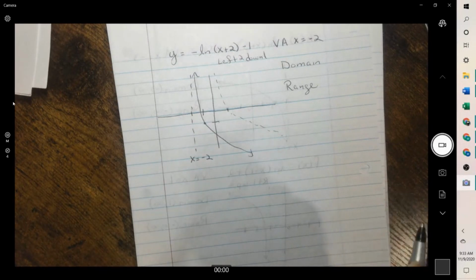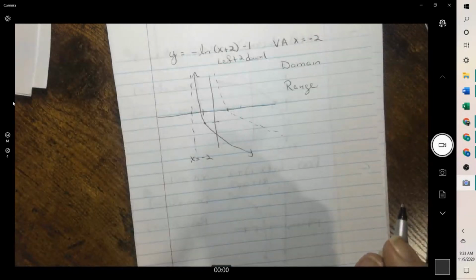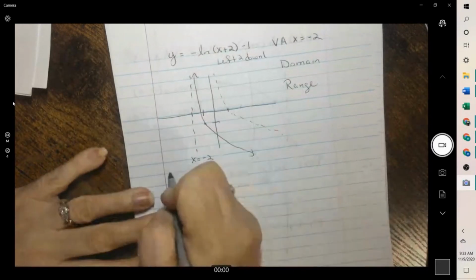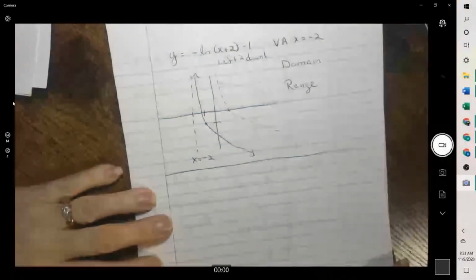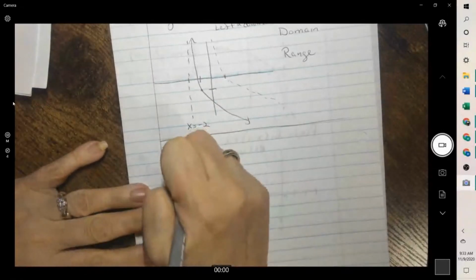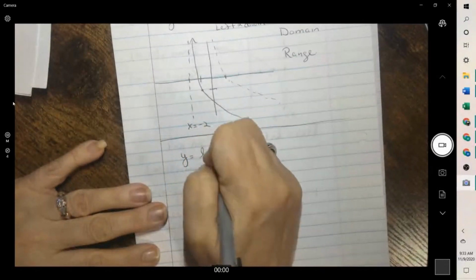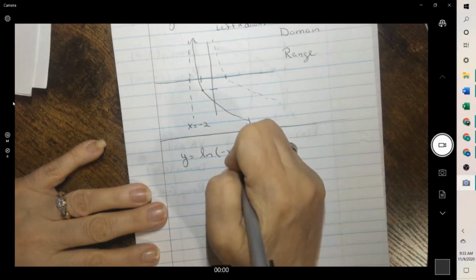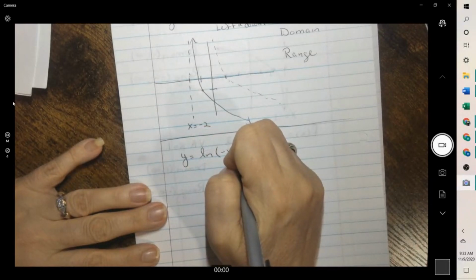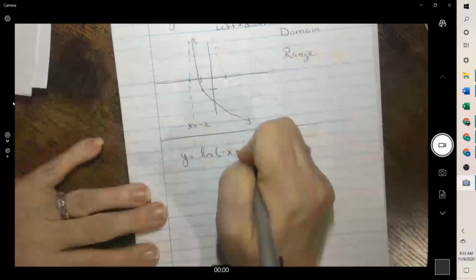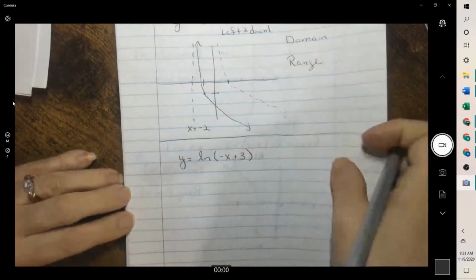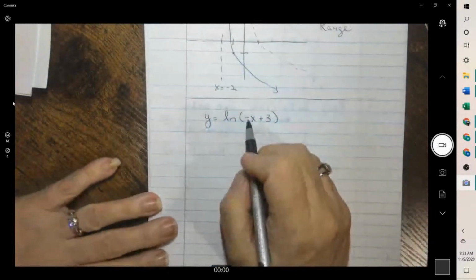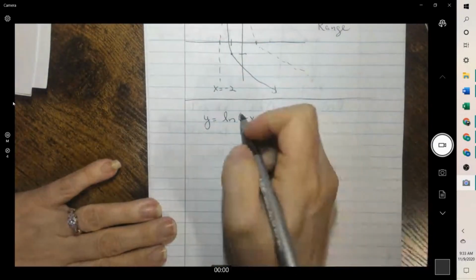I think they put a negative inside the log. So what exactly does that mean when the log is negative? On the inside, it flips it on the y-axis.